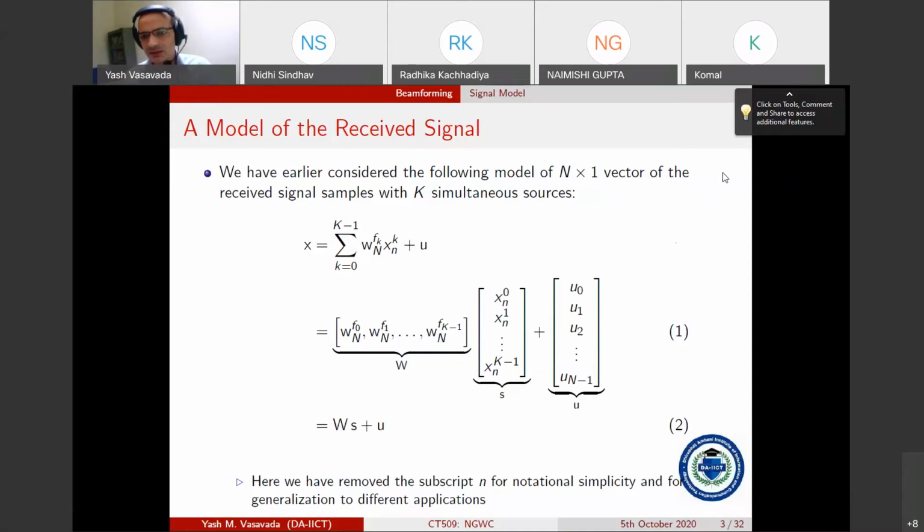Anudeep, are you there? Anudeep thinks it's 8 cross 3 for 8-array PSK. 8 cross 8.